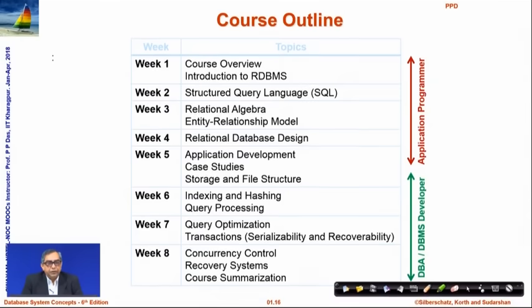The other half of the course, which starts from the middle of week 5 with storage and file structure, is meant for the analysts who are responsible either for designing a particular database which the application programmer can use, tuning it for performance, indexing it properly, and designing queries to be efficient.